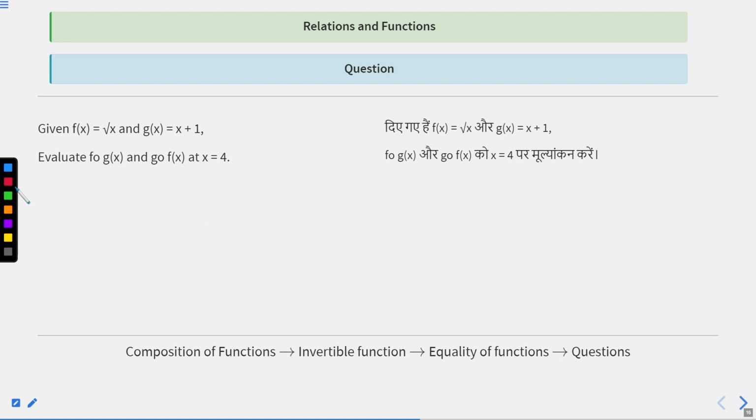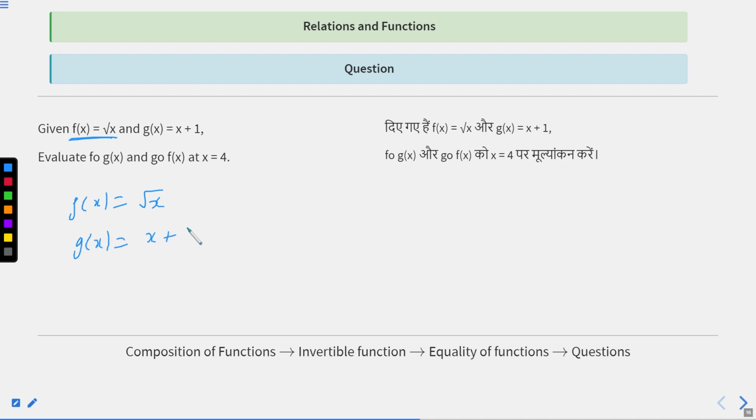Okay, now let's move to next. Given function f(x) is equal to root x, and g(x) is equal to x plus 1.